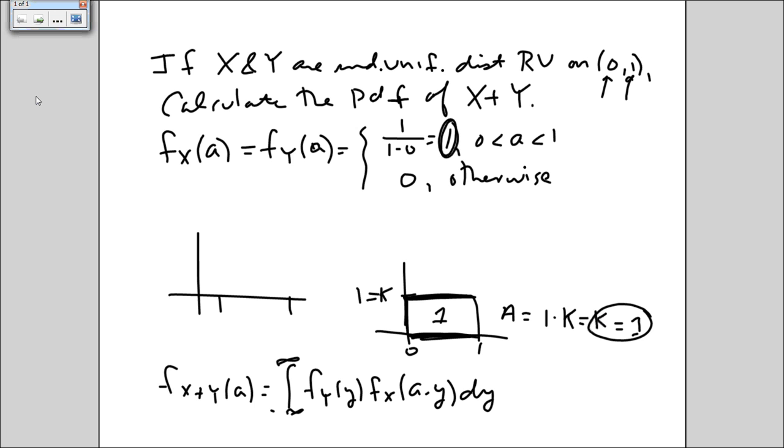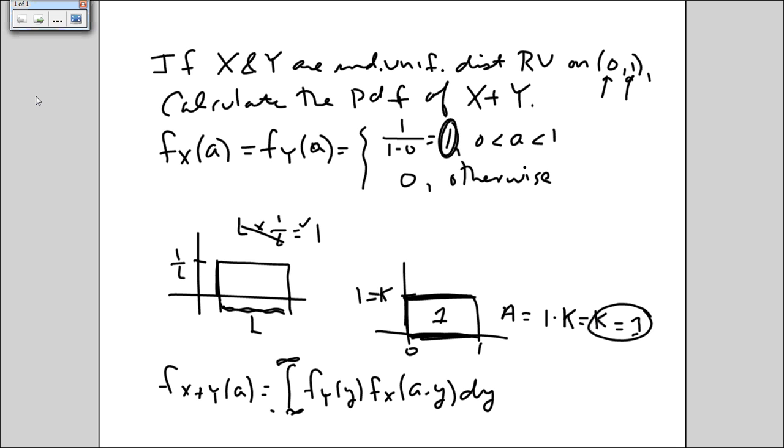If this base was L, well then the height is going to have to be 1 over L, because that would make the area be 1. The base is L times the height is 1 over L. You get 1, which is what you want.